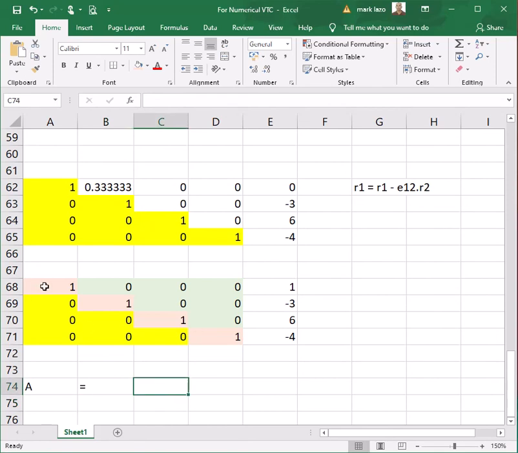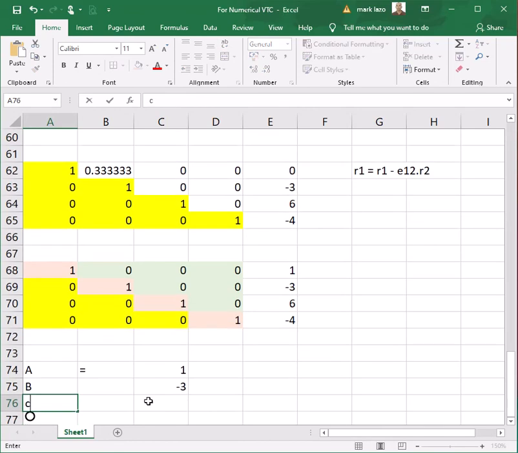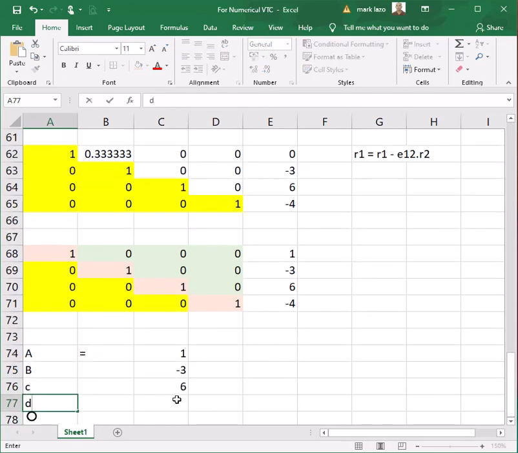So here, from our derived unity matrix, we have A is equal to 1, our B is equal to -3, our C is equal to 6, and our D is equal to -4.